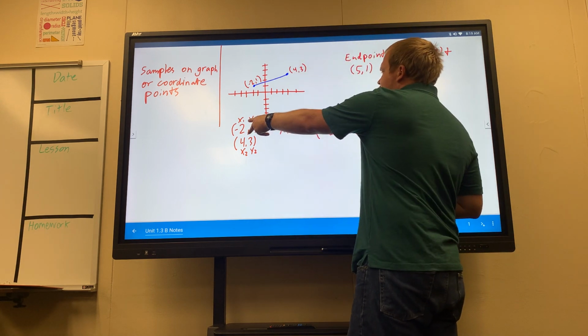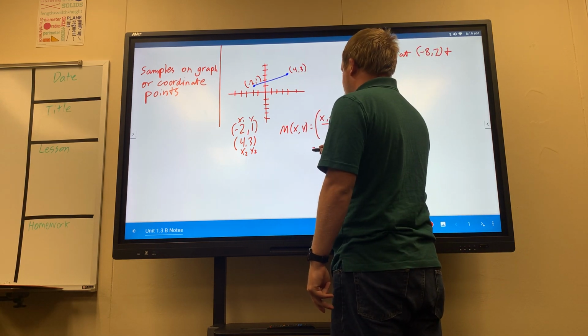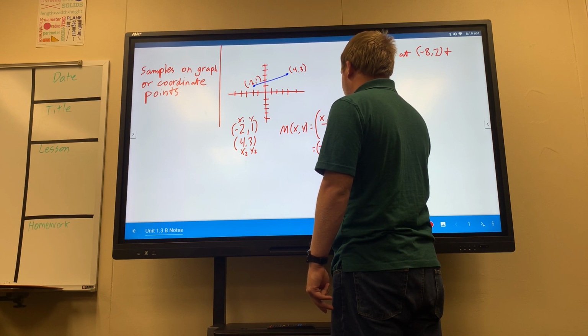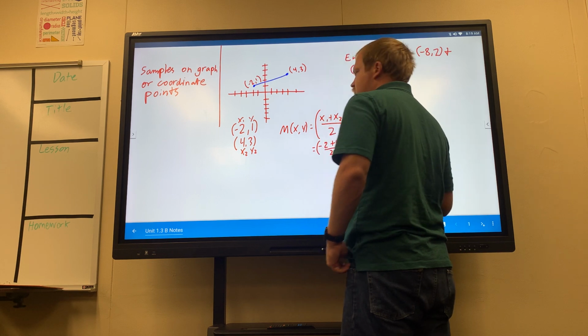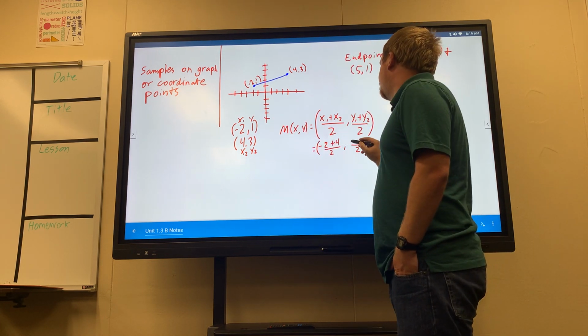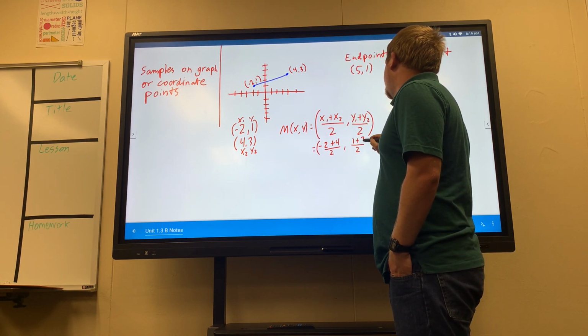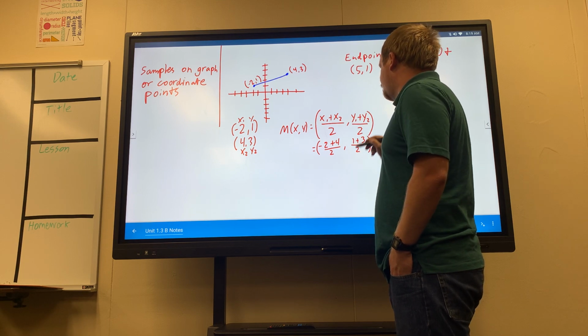So my two x values happen to be (-2 plus 4) over 2, comma, (1 plus 3) over 2.